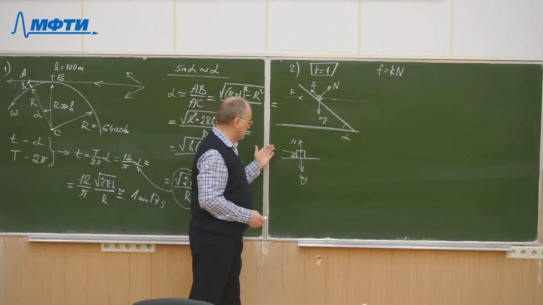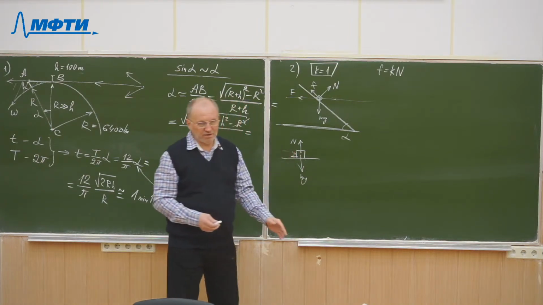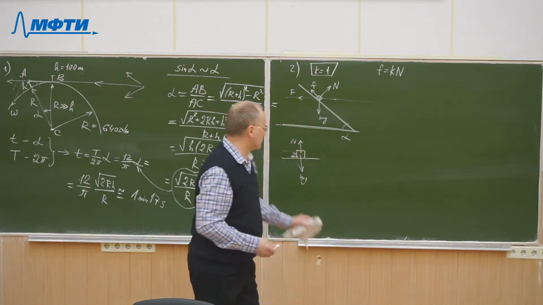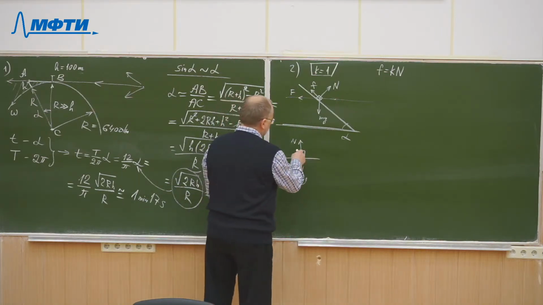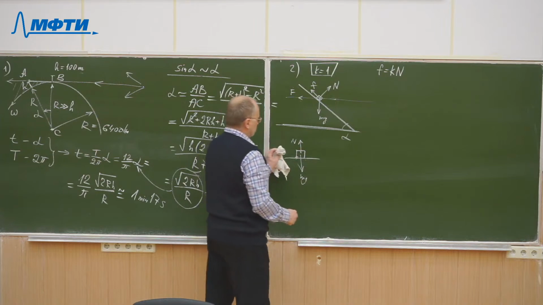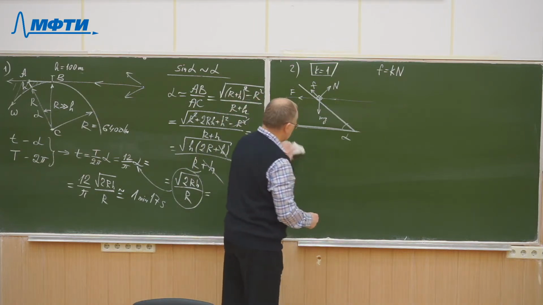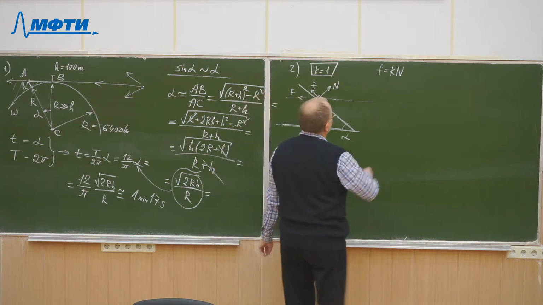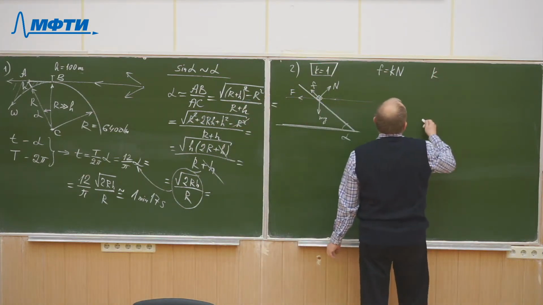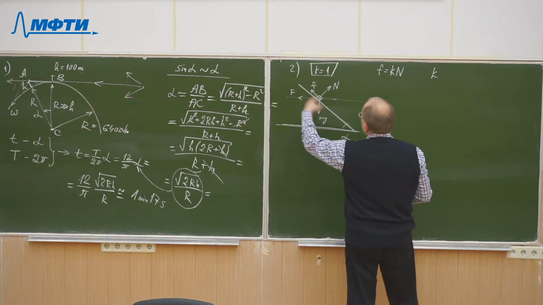But if there are no external forces, then no forces of friction, and in this case the coefficient of friction may be considered as 0. This is a convenient mathematical way to understand what happens here.